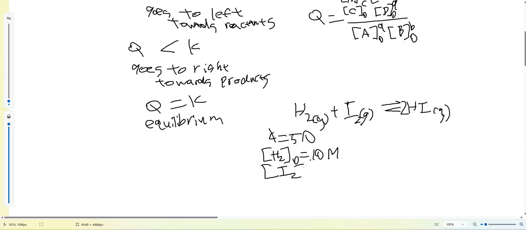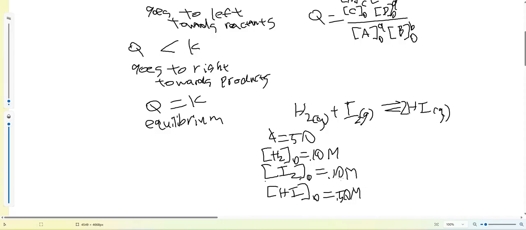I2, again, at time t equals 0, is equal to 0.10 molar. And HI is equal to 0.50 molar. Is the system at equilibrium, and which way does the system shift if it isn't?